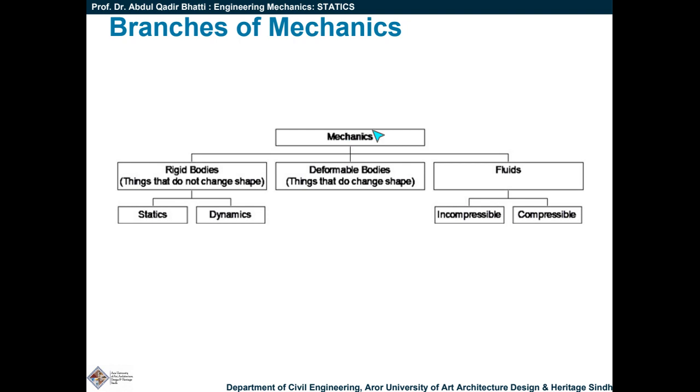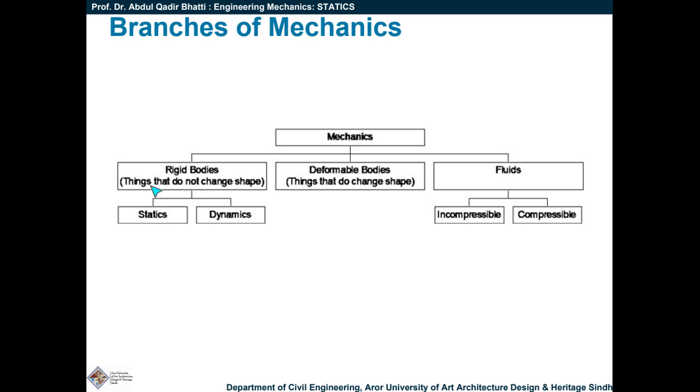Then we have the mechanics, and these are the branches of mechanics. We have rigid bodies, deformable bodies, and fluids. We will talk about the rigid bodies. Rigid bodies means statics and dynamics. Rigid bodies have constant forces, and they transfer the forces to the connecting members.